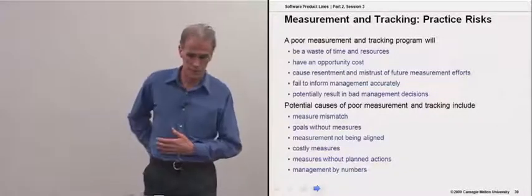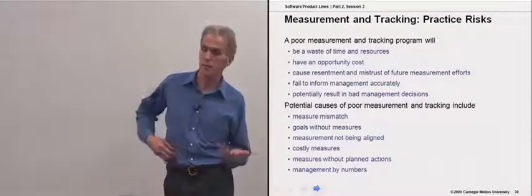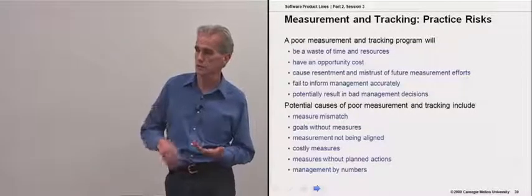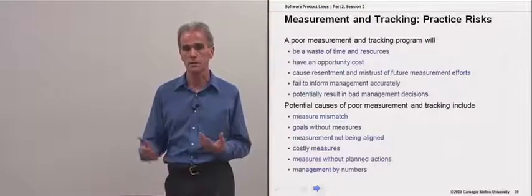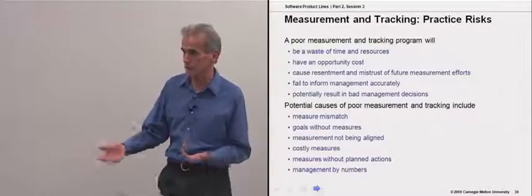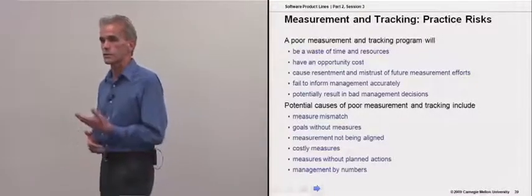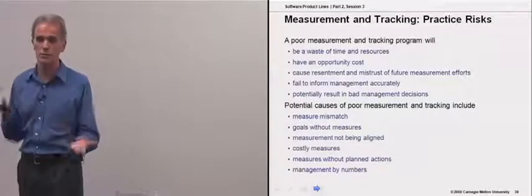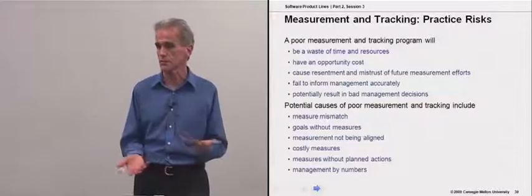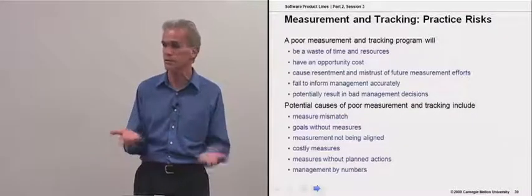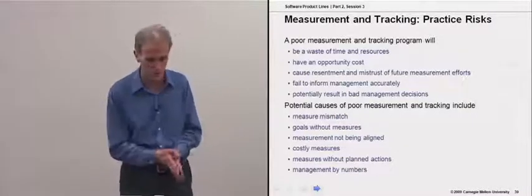Some of the causes of this are there's a mismatch between what you are trying to measure and the measures that you are actually collecting. So you're really collecting, as I said, for example, all your software and hardware costs bundled together, and you're trying to come up with measures for the effectiveness of software core assets, and you simply can't tell on the basis of what you're collecting.